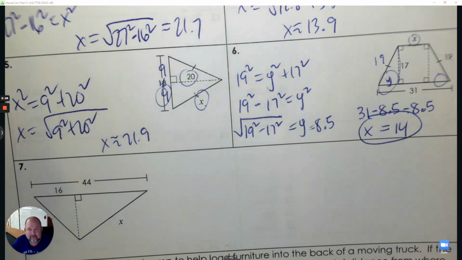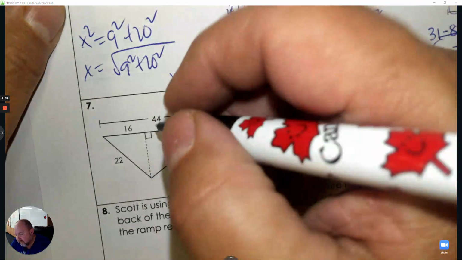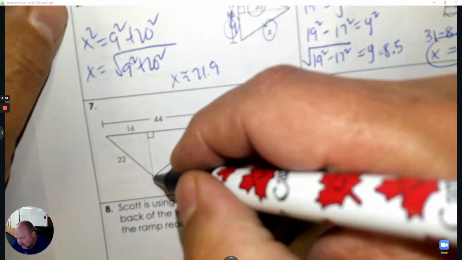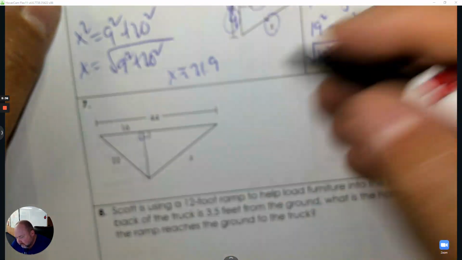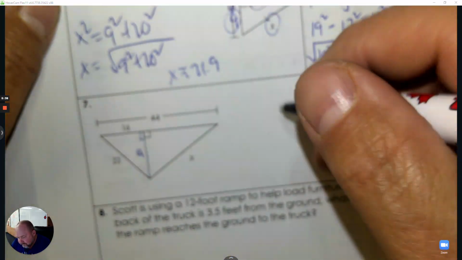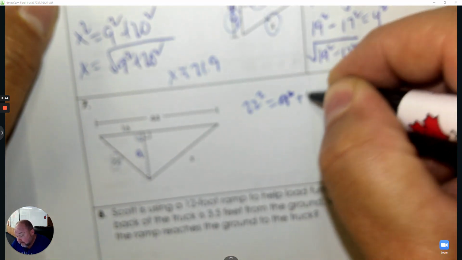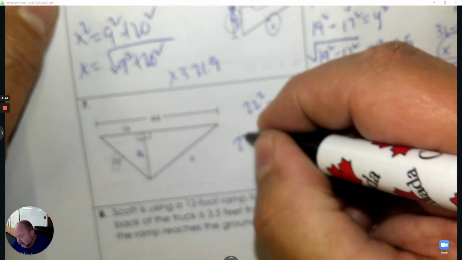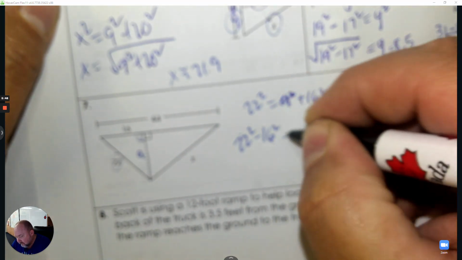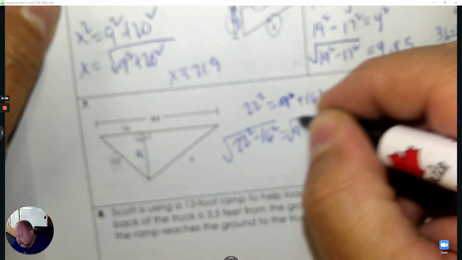All right, number 7, we're going to set up, we have 16. I'm going to find this first. So I'm going to call that A. So this is the hypotenuse. So it's 22 squared is equal to A squared plus 16 squared. We're going to subtract, and then I'm going to square root.